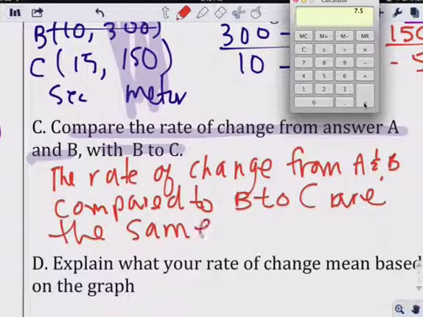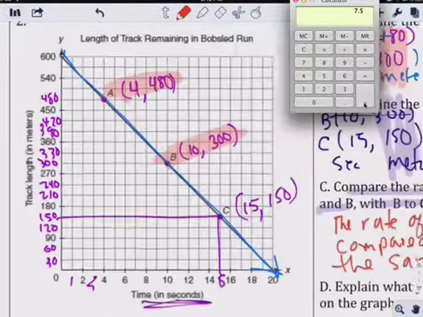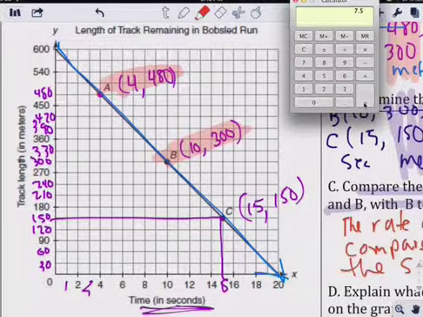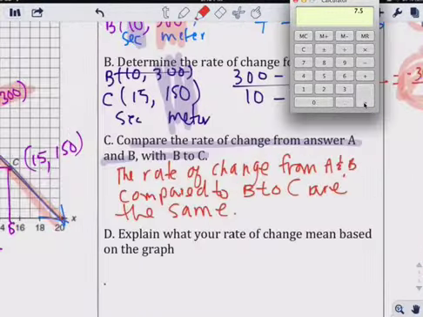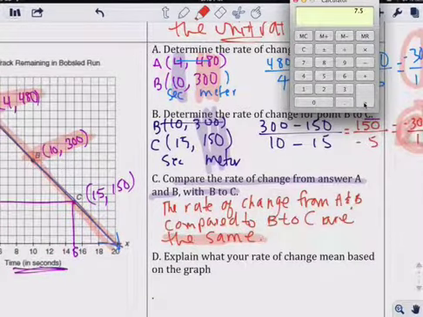And any time, in any spot on this graph, the rate of change, which you'll know later as slope, will always be the same after it's been reduced. Okay?